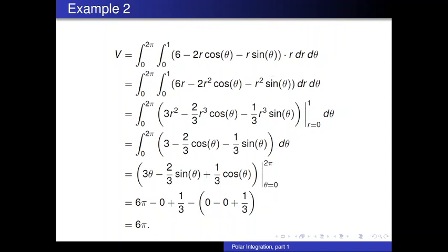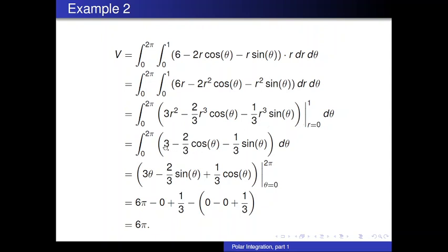Okay, well, we can do that integral with respect to r first. 6r becomes 3r squared. 2r squared cosine theta becomes 2/3 r cubed cosine theta. And r squared sine theta becomes 1/3 r cubed sine theta. Now we'll evaluate this at r equals 1 and r equals 0 and take the difference.